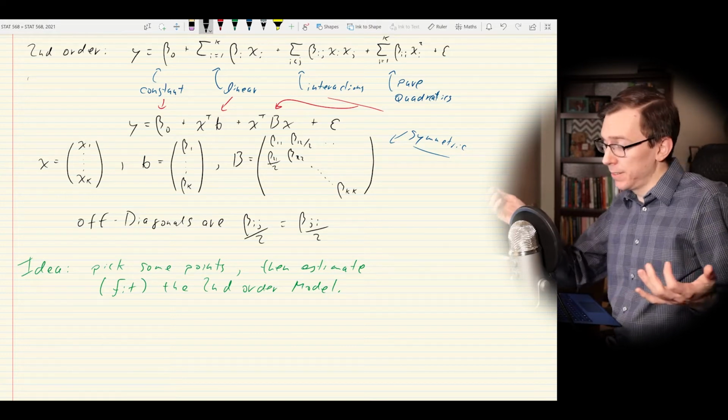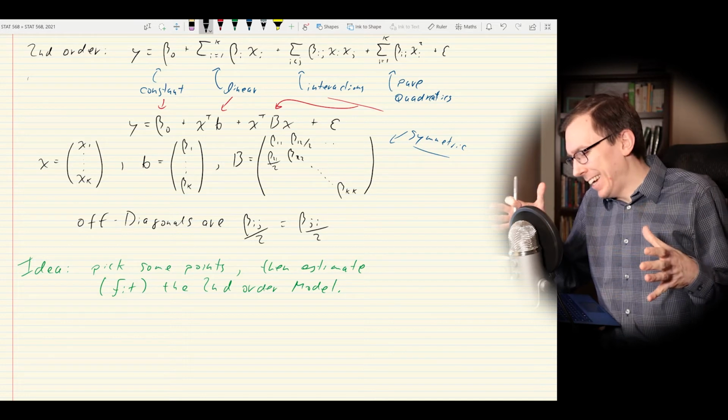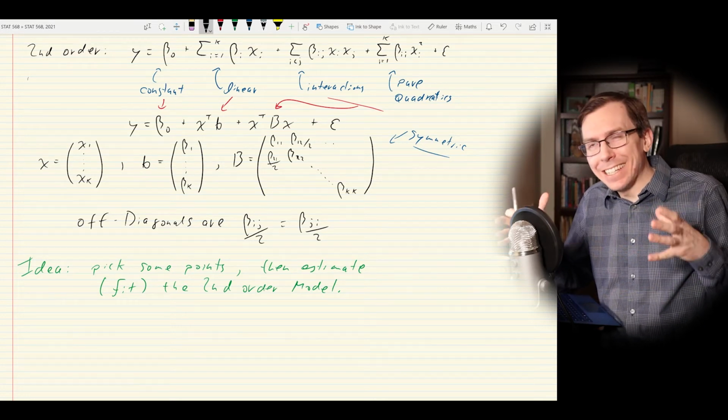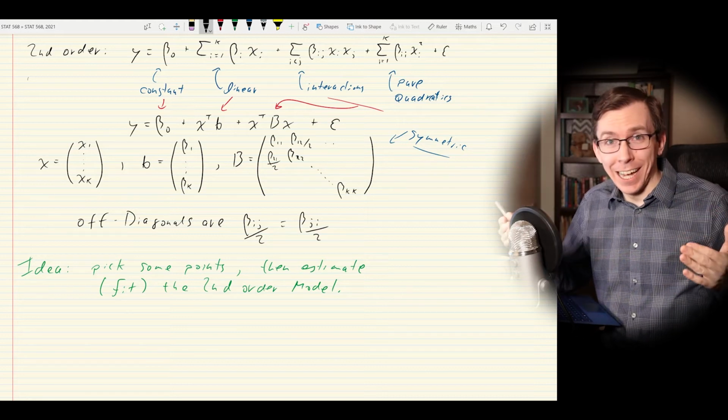Because this is a linear model, this can be a little confusing, because linear in mathematics means, well, linear, like a line or a plane.